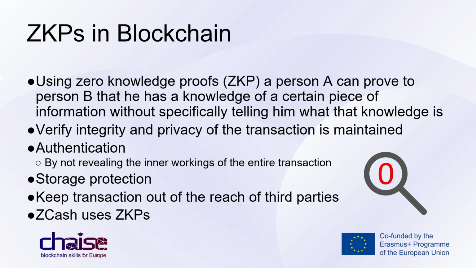For authentication, they do not reveal the inner workings of the entire transaction and allow the system to maintain abstraction, which of course makes it infinitely easier to use. Zero knowledge proofs within blockchain networks ensure storage protection. For example, they safeguard the storage units, and they enable sending private blockchain transactions in order to keep transactions out of the reach of third parties.